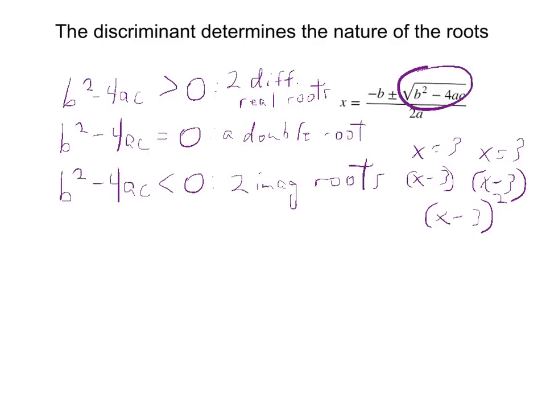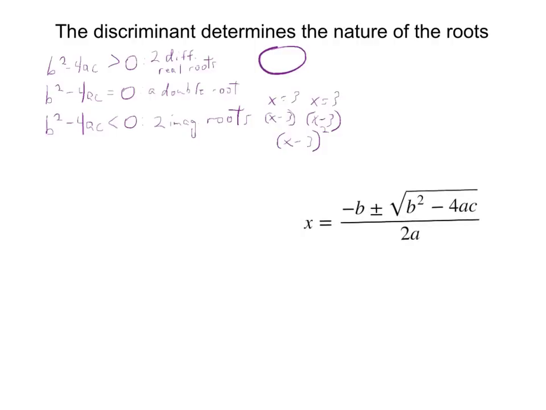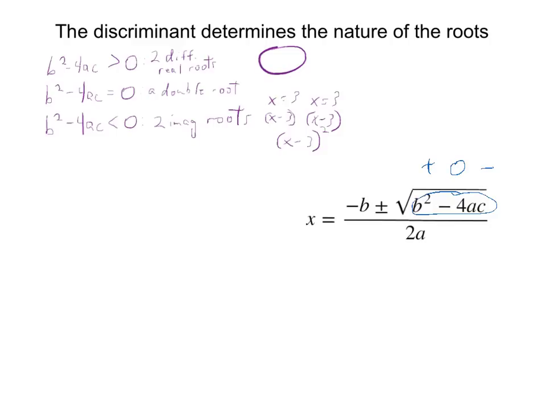Now, I like to just think about it this way. So we got this quadratic formula right here. Now, this value under the radical symbol, it's either going to be positive, or it's going to be 0, or it's going to be negative.